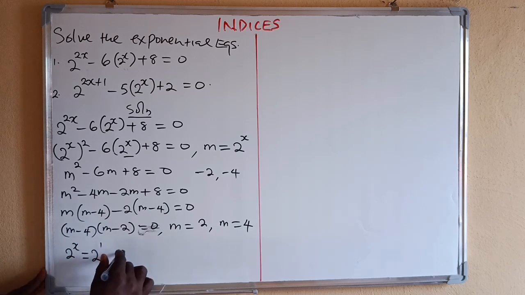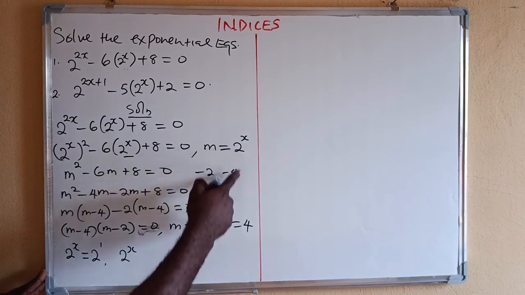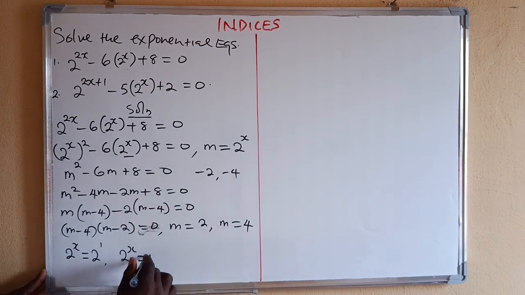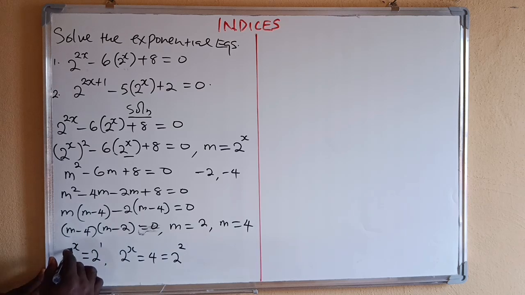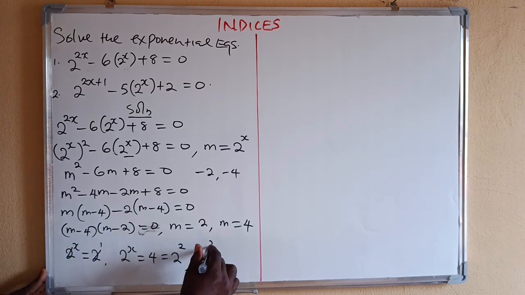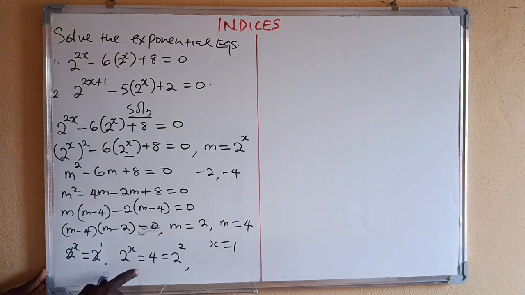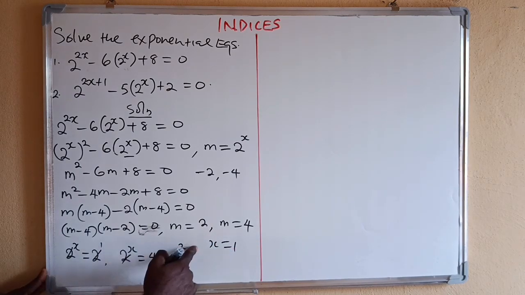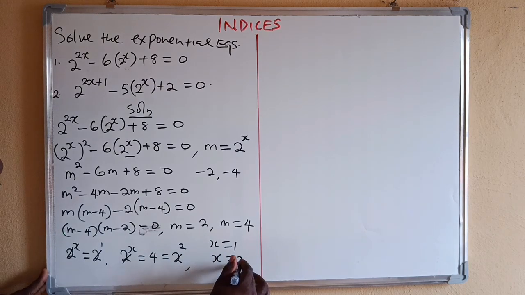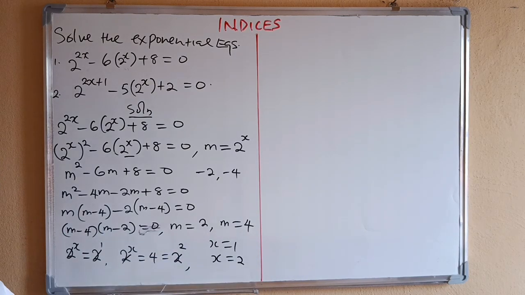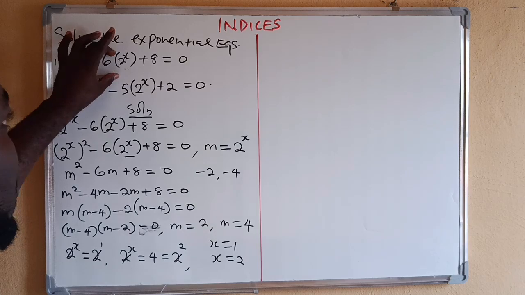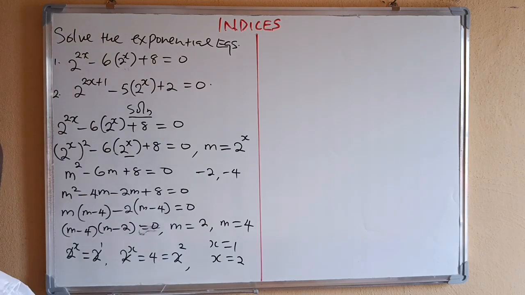The second one, 2 to the power of x for m, corresponds to 4, and that is 2 to the power of 2. So if I take my 2 as the base, here x will be equal to 1, and here x will be equal to 2. So x equals 1 and 2 is what is going to satisfy this equation such that it will be equal to 0. Okay, so that is for 1.